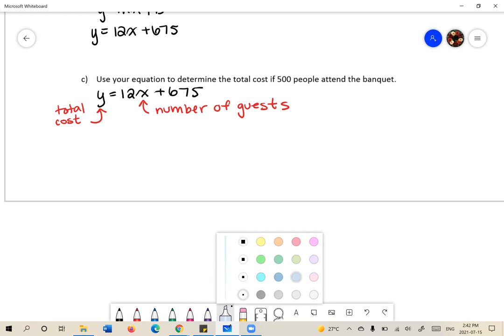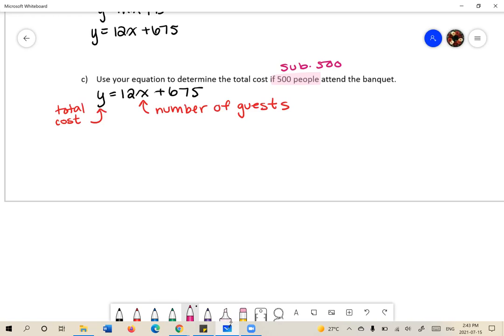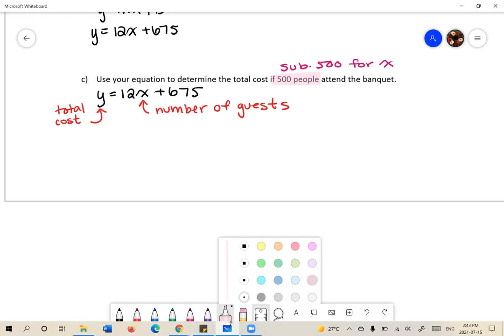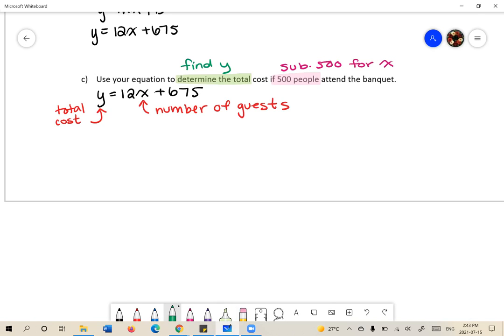And the question is telling me 500 people are coming. So I'm going to sub 500 for x, and I'm going to determine the total cost. Find y. y is equal to 12 times 500 plus our fixed cost. 12 times 500 is 6,000 plus 675.